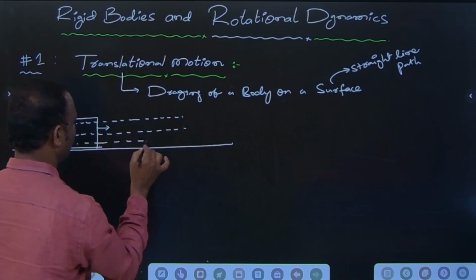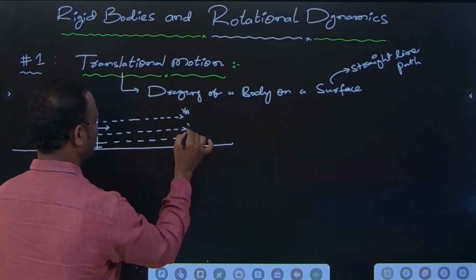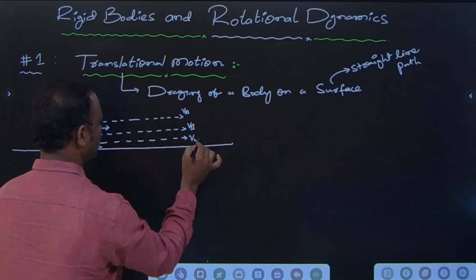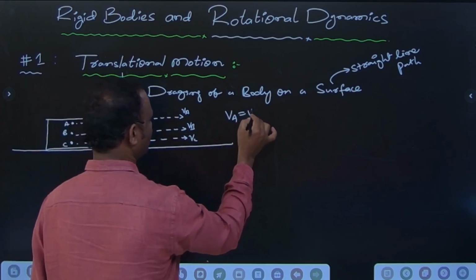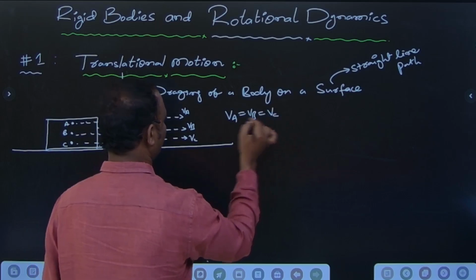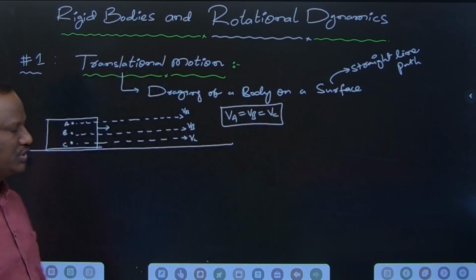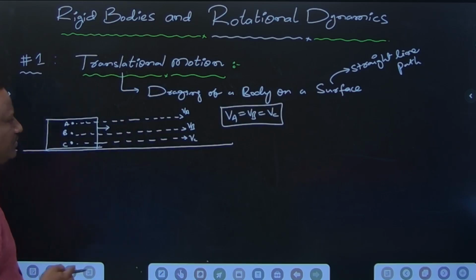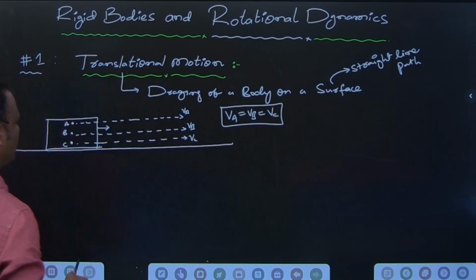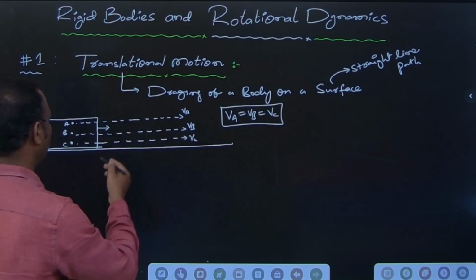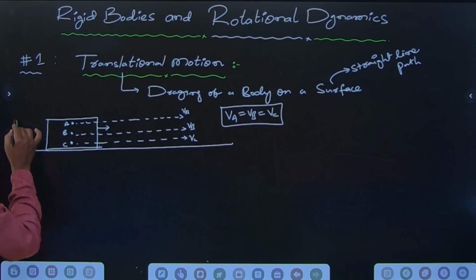So VA equals VB equals VC; their motion is parallel, and the velocity is equal to the velocity of the center of mass also. This is the first case.